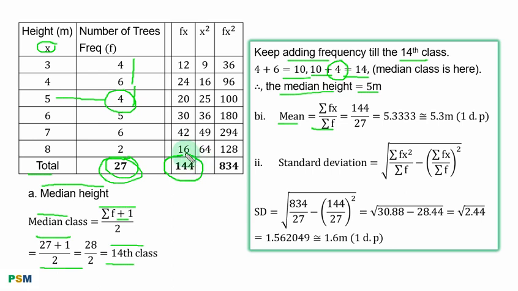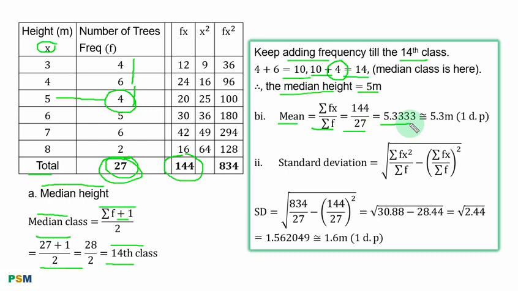The total is 144. So the mean is equal to 144 divided by 27. That is 5.333, and so on.